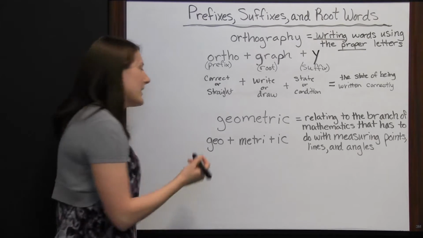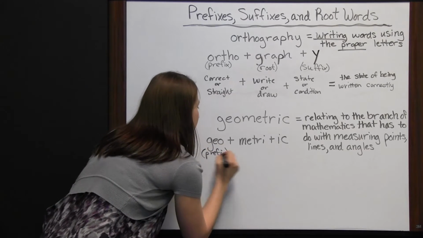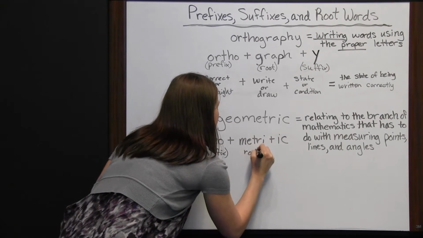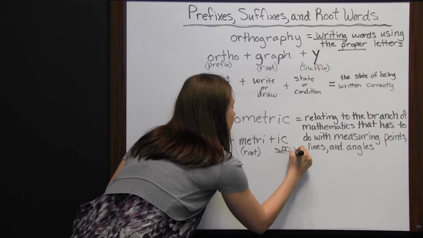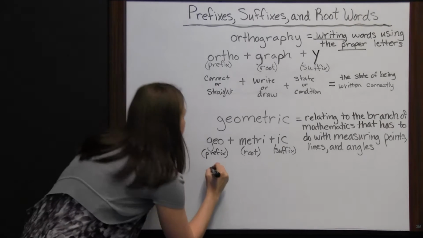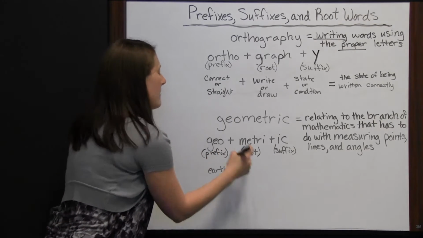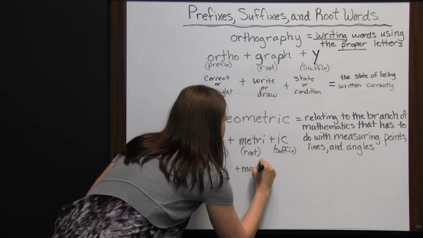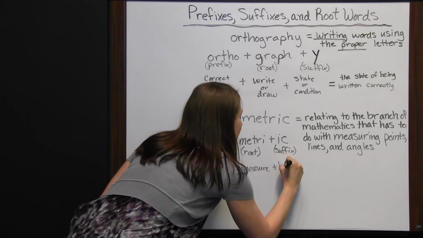Geometric. We'll break it down into our prefix, geo, our root word, metra, and our suffix, ik. Geo means earth, and we put that with metra, which means measure, and ik means having to do with.